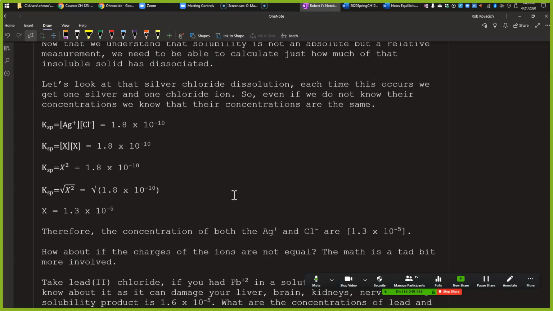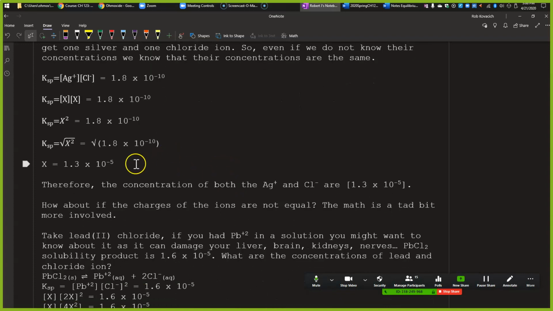So I don't know what X is, but I can assume they're the same value, so it can become X squared, and we can roll through this whole process. In this case, I know the concentration of the silver and the chloride in the water is 1.3 times 10 to the negative fifth. We're all right with that?